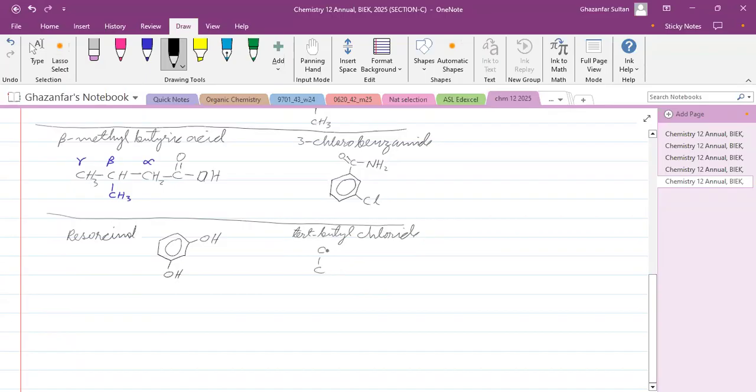Tert-butyl means tertiary butyl. This is the tertiary butyl group. This is the 3 degree carbon because it has 3 other carbon containing groups. So chloride would be there. So it becomes tertiary butyl chloride.